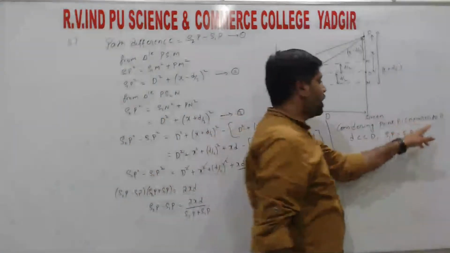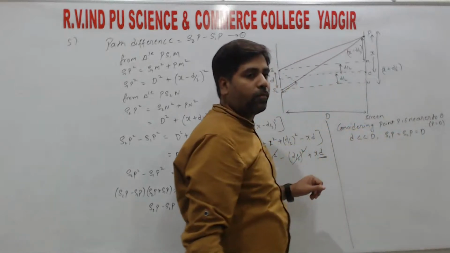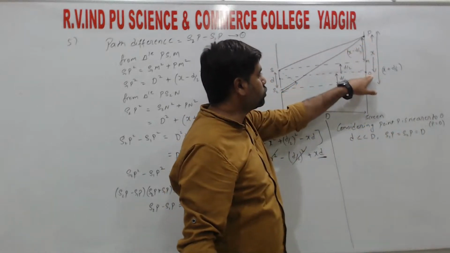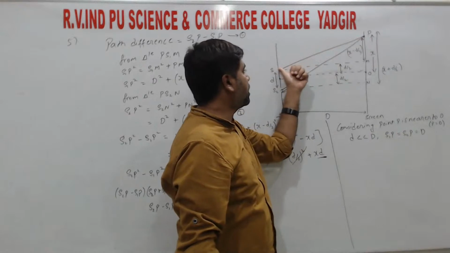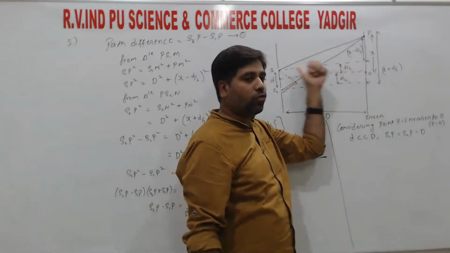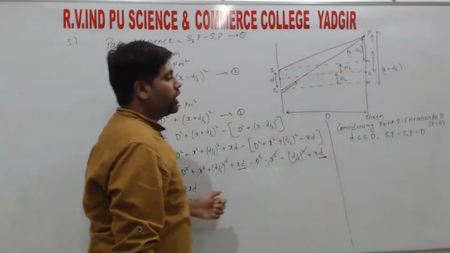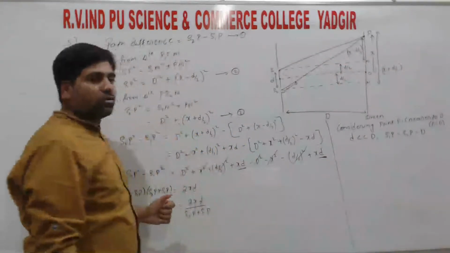Point P nearer to O means P is almost equal to O, so S1P can be taken as S1O, and in the same way S2O. Here the distance is the same, so S1P equals S2P equals D.